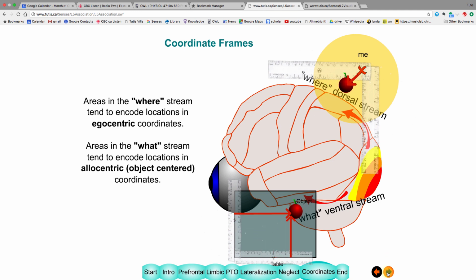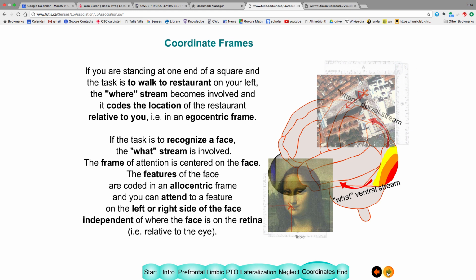And this, if you think about it, makes sense. So if you're thinking of walking to a restaurant, you want to know where the restaurant is with respect to you. Okay? So you want to know whether it's to the left of you, to the right of you, in front of you. Whereas if you want to recognize a face, where the features are with respect to the face is the important cue.